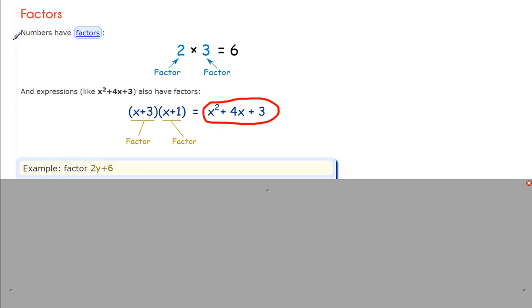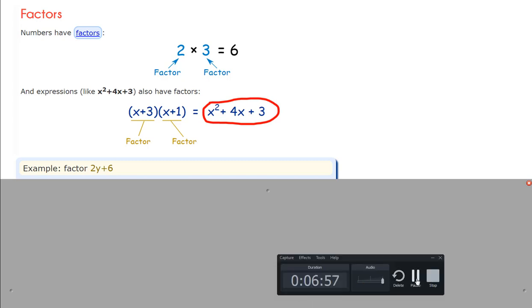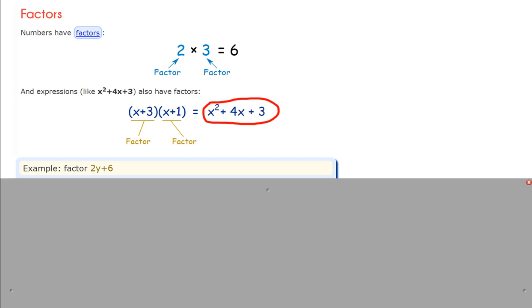So we can think about what factors those numbers have. 2y is divisible by 1, and it's divisible by 2, and it's divisible by 2y. Those are all the ones I can think of. And 6 is divisible by 1, it's divisible by 2, it's divisible by 3, and it's divisible by 6. So our greatest common factor in there would be 2. They're both divisible by 2.